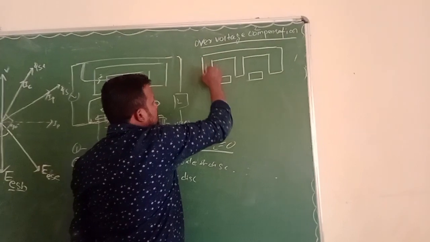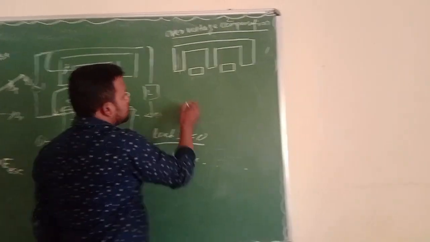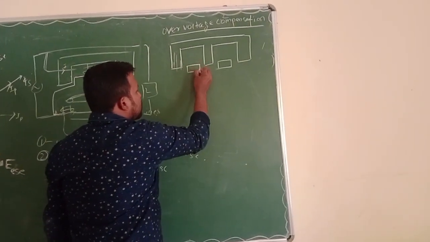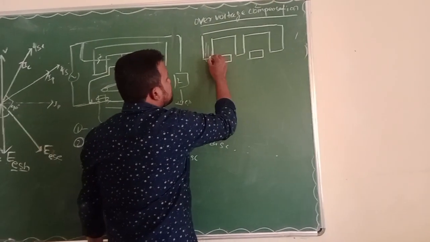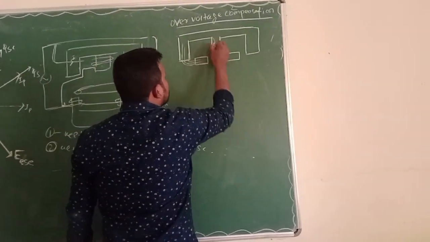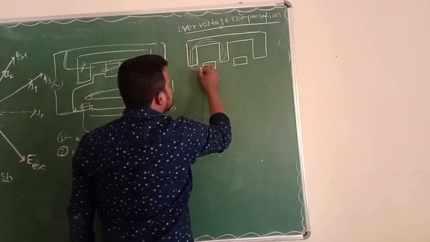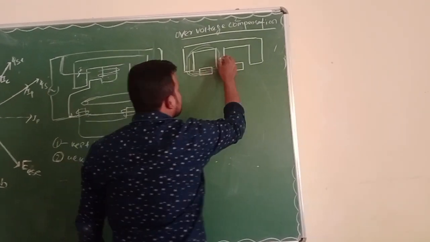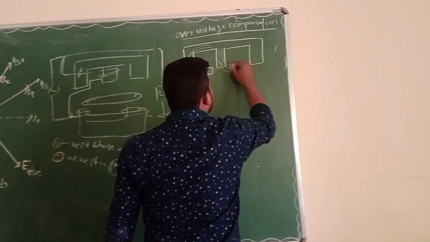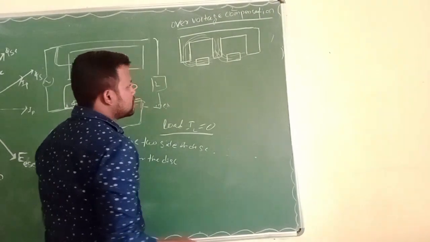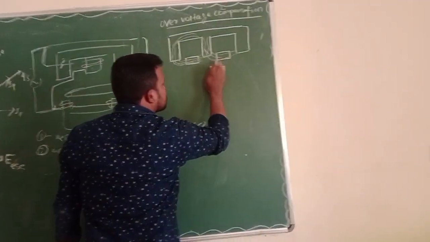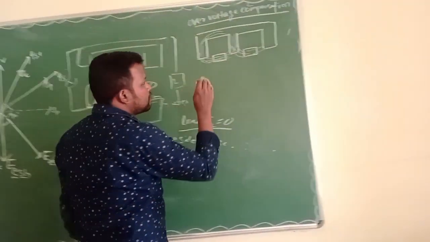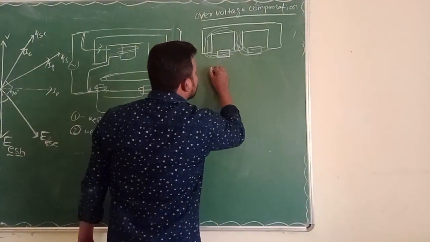So if much more flux will impact the aluminum disc, this flux should be bypassed to the iron plate.